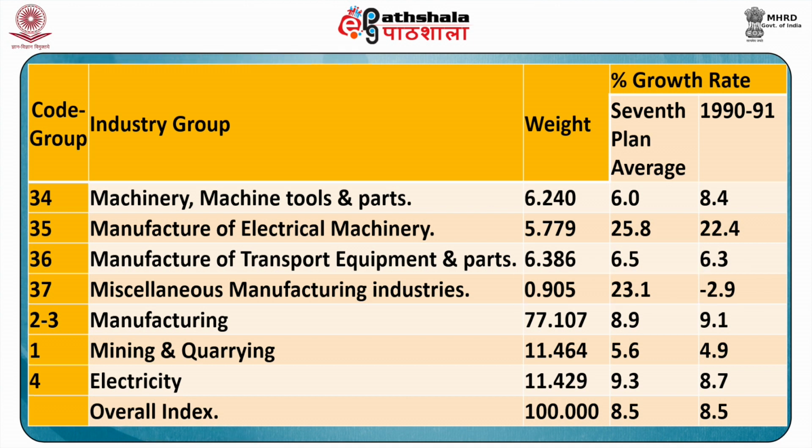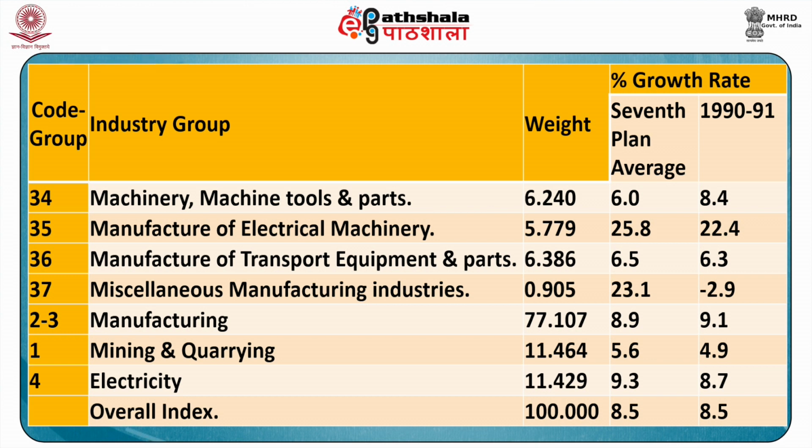period. Next is manufacturing. The weight for manufacturing was 77.107, and the growth rate in manufacturing was 8.9% in the 7th 5-year plan and 9.1% in 1990-91. Next is mining and quarrying. Its weight was 11.464 with a growth rate of 5.6% in the 7th 5-year plan and 4.9% in the 1990-91 period.